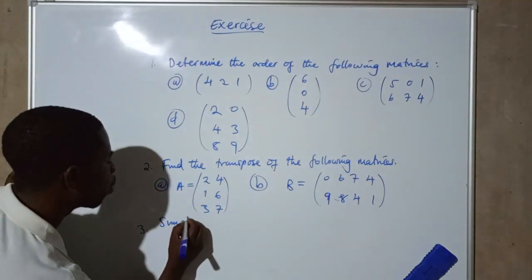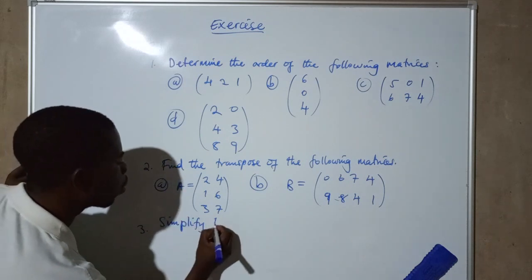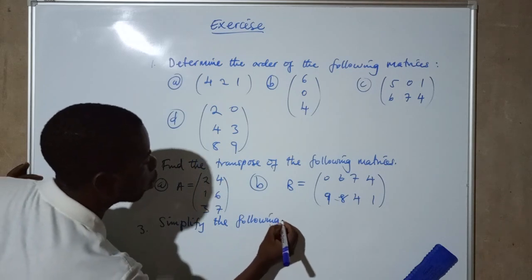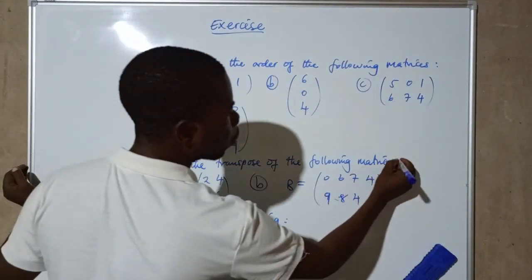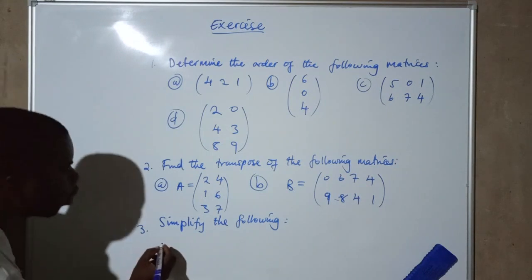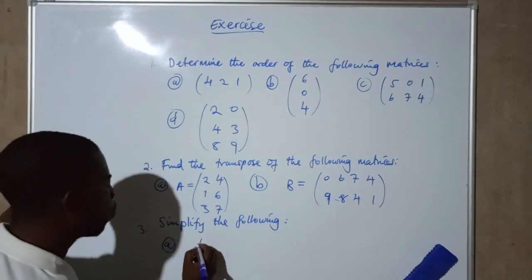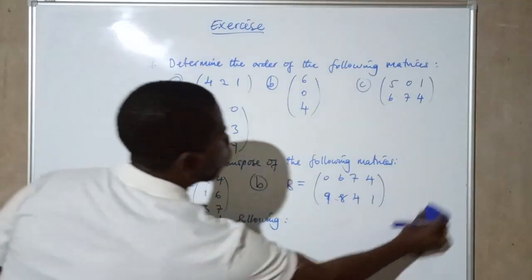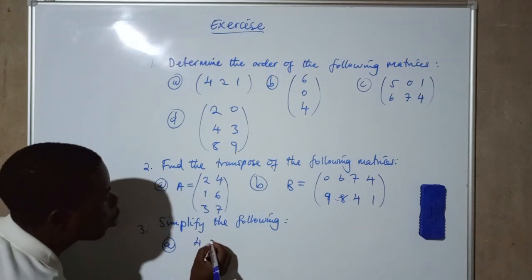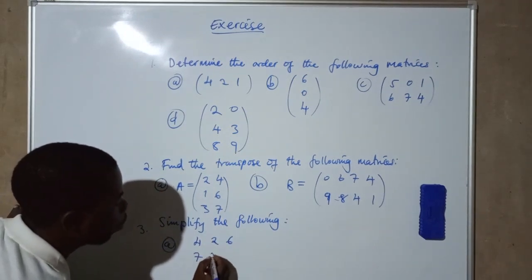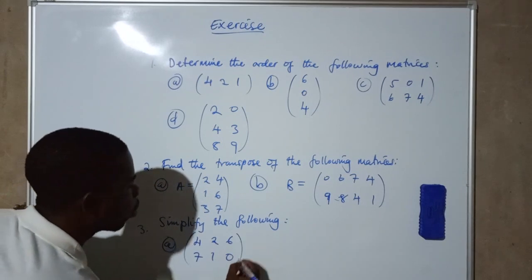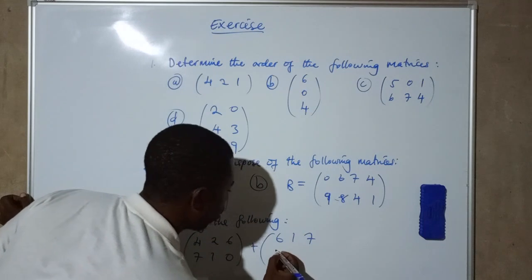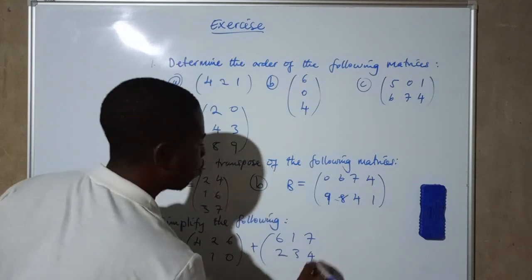A: 4 times 2, 6, 7, 1, 0 plus 6, 1, 7, 2, 3, 4.